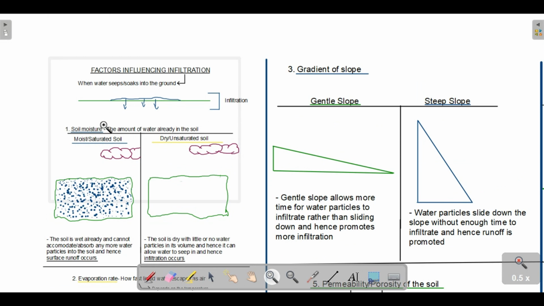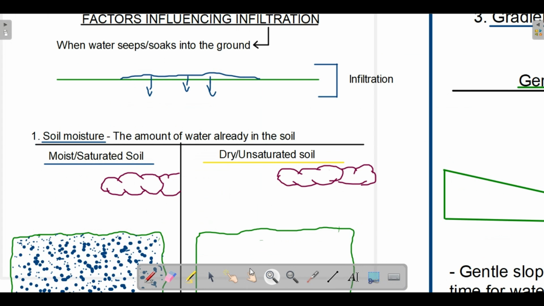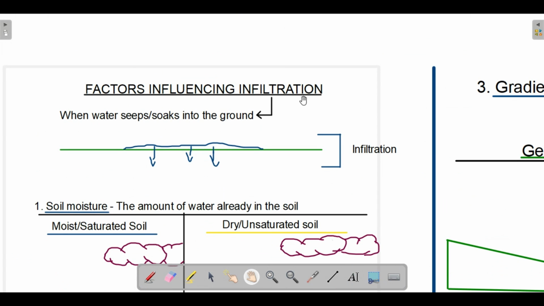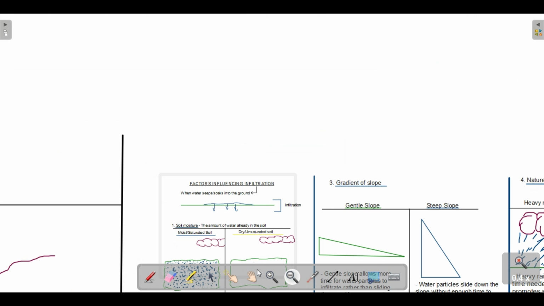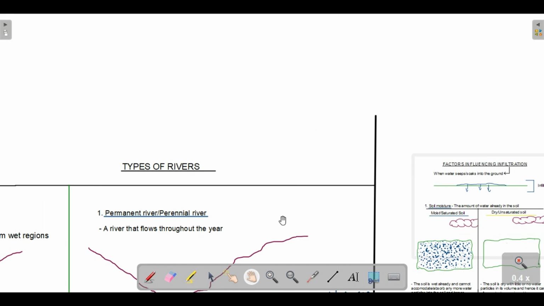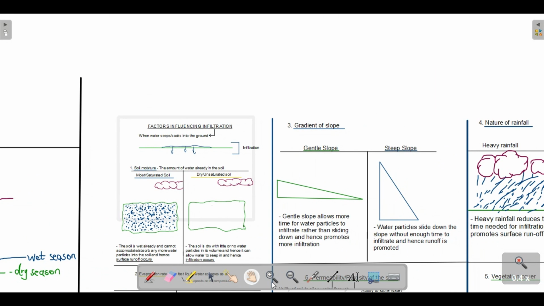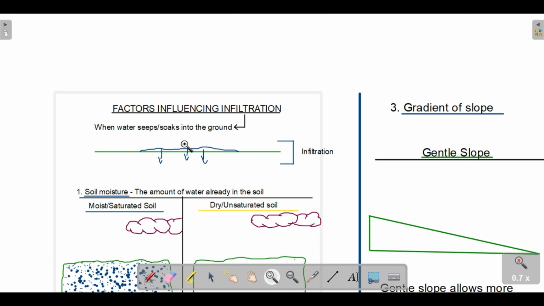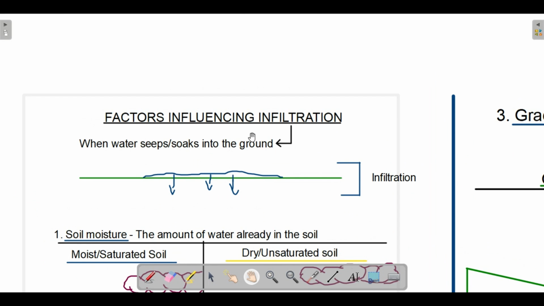In this video, we'll be breaking down the factors that influence infiltration and surface runoff. We'll also take a look at the 4 types of rivers that we have, how to identify them, and how to differentiate between them. Now, the factors influencing infiltration and surface runoff are critical, guys, because they are also applicable in drainage density.